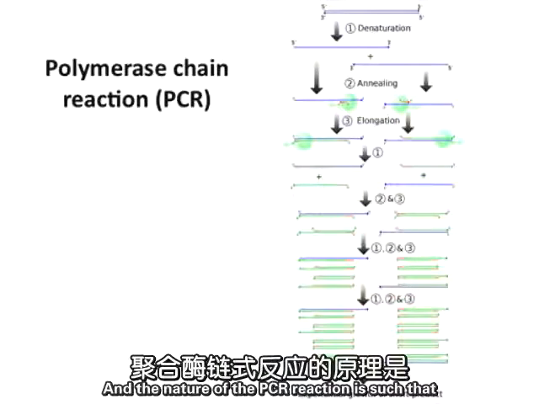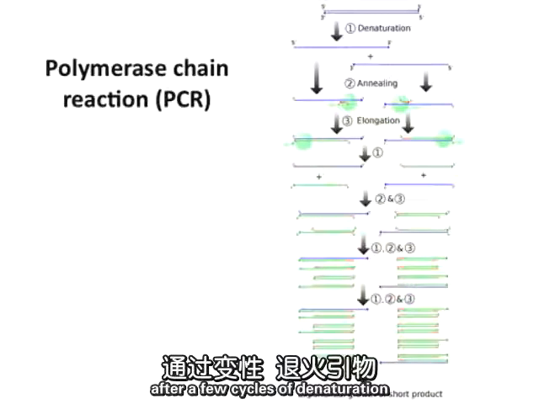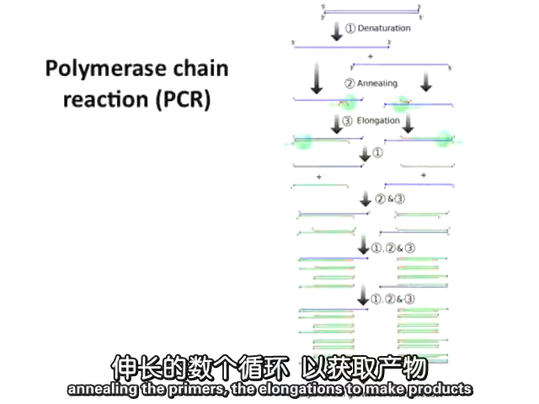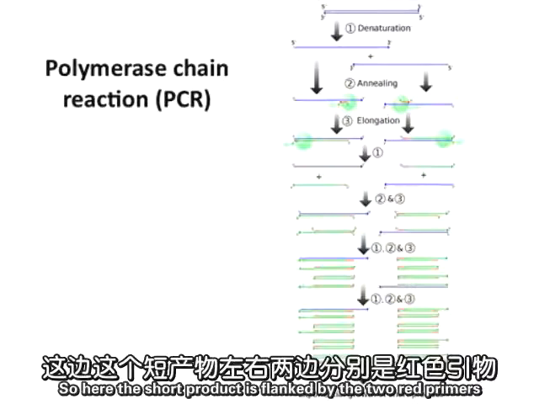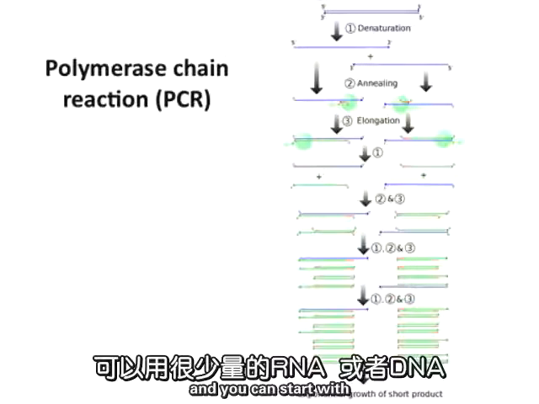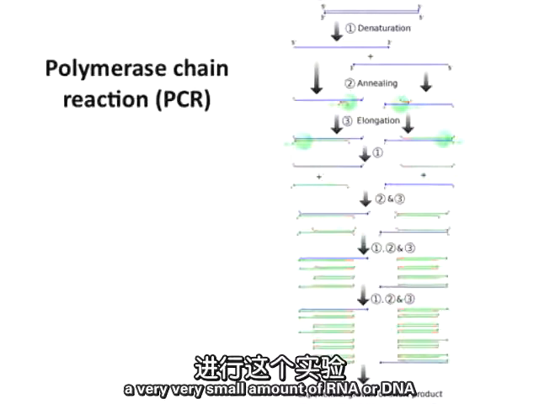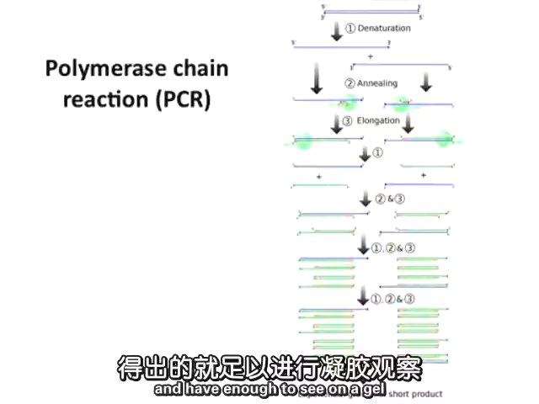And the nature of the PCR reaction is such that after a few cycles of denaturation, annealing of the primers, and elongation to make the products, you get exponential amplification of whatever you're looking for. So here, the short product is flanked by the two red primers, and you can start with a very, very small amount of RNA or DNA and have enough to see on a gel.